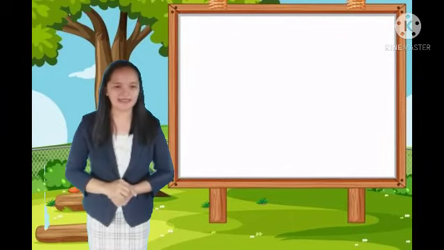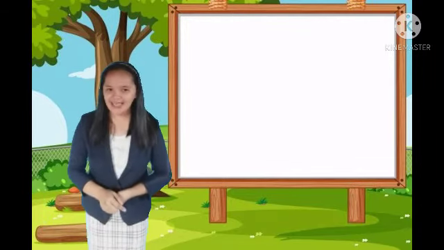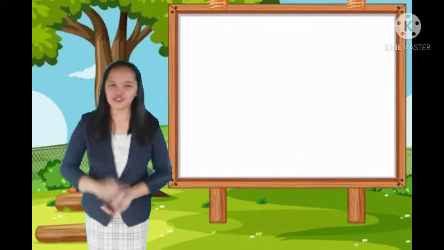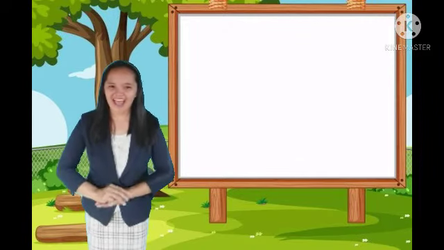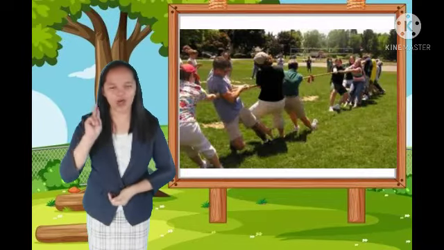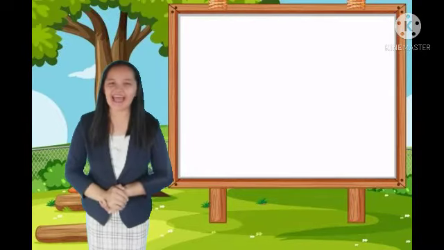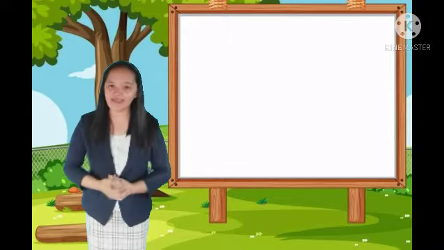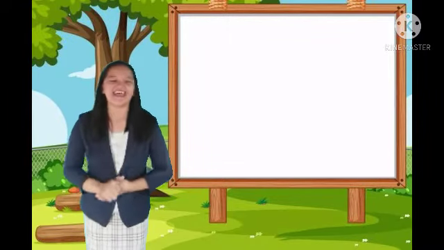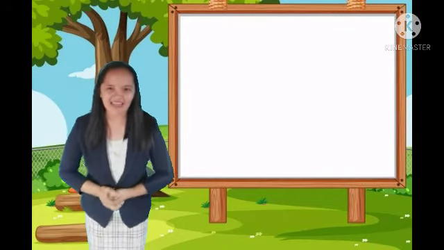Are you ready? 1, 2, 3, go! Team A got 2 points and Team B got 1 point. So the winner is Team A! Now let us go back inside the classroom.